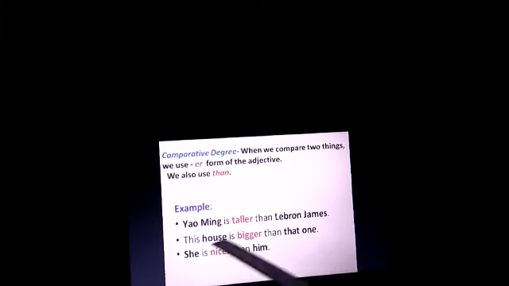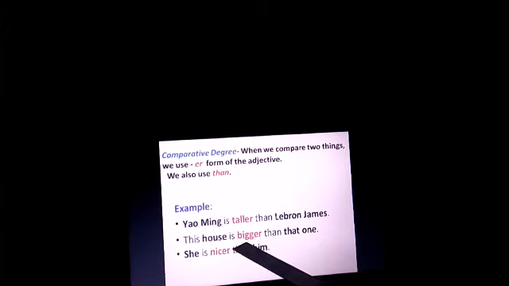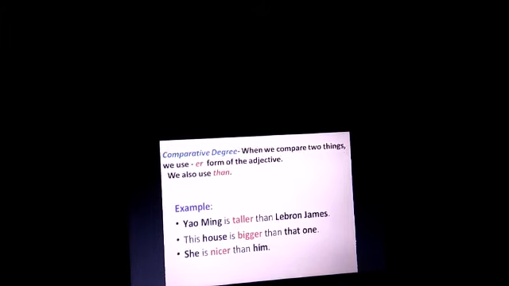Number two, this house is bigger than that one. Again, a comparison of things. We have used ER with the word big, and we have used than. She is nicer than him. Here she and him are both pronouns. With the word nice we have used ER and than to complete the sentence of comparative degree.